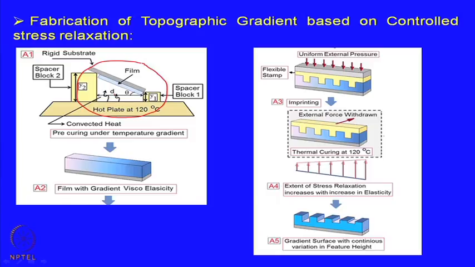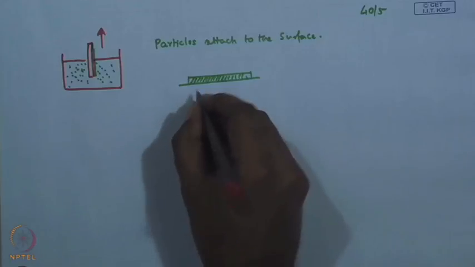So, if the film was cured or pre-cured for a finite duration, different locations of the film receive different extents of heat. And we all understand the thermal cross linking of a Sylgard film. So, what happened is at different locations, the extent of cross linking was different.